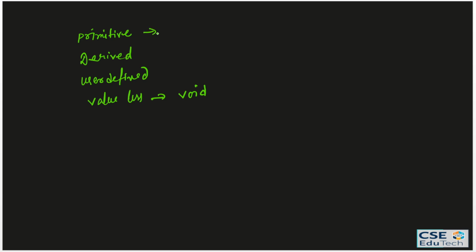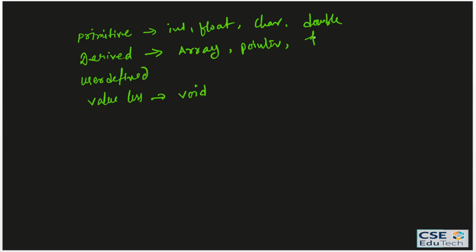Primitive data types are int, float, char, double. And derived data types are array, pointer, function.